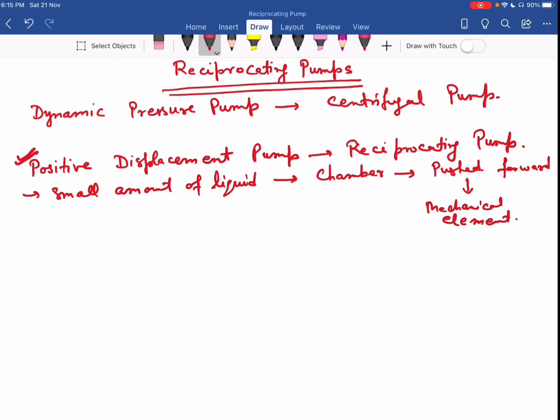This mechanical element physically pushes that liquid from the chamber to the higher level. Now this mechanical element can be a gear system rotating in a housing, or it can be a piston cylinder arrangement.